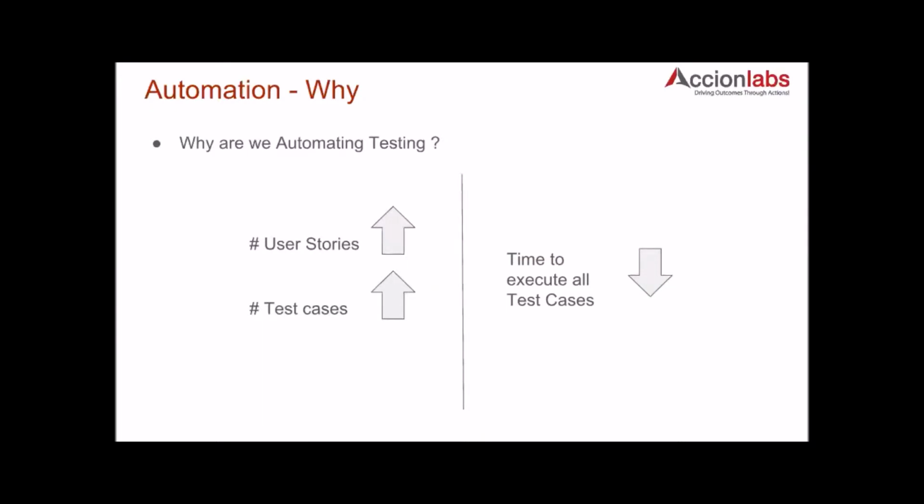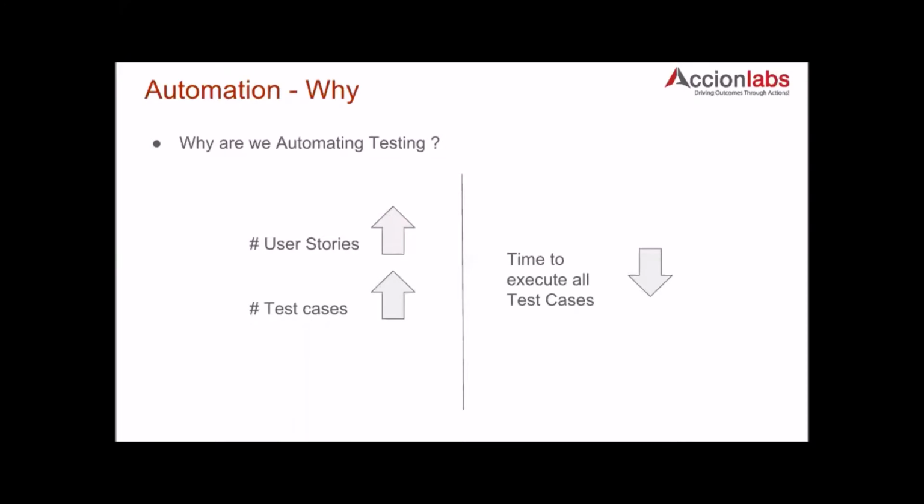So what really happens is, say 6 months down the line, I have 1,000 test cases, and a manual testing team of 2 resources may take about 2 weeks to execute all those test cases.